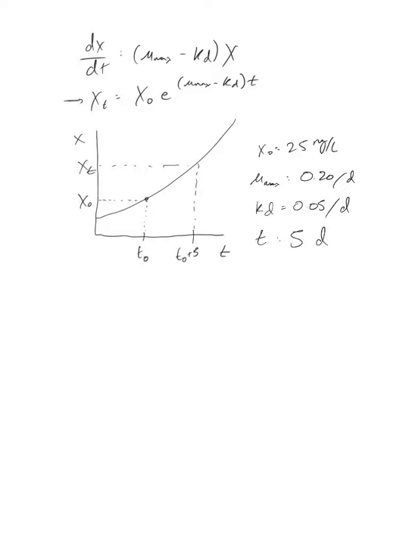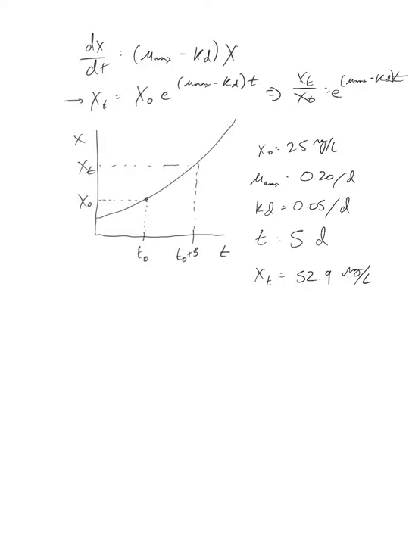And when I plug all these things in, I get that after 5 days, my x sub t is 52.9 milligrams per liter. Or if I had rearranged this equation up here, I can rewrite this as x sub t over x sub 0 equals e to the mu max minus k sub d times t.